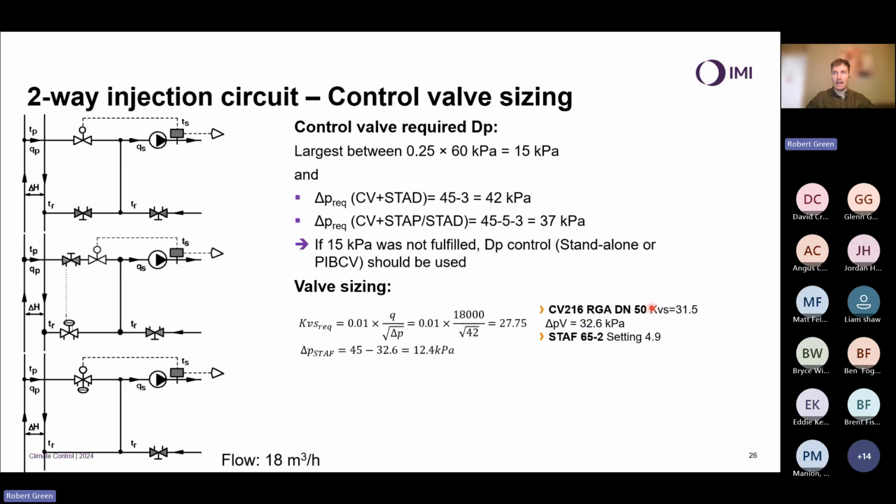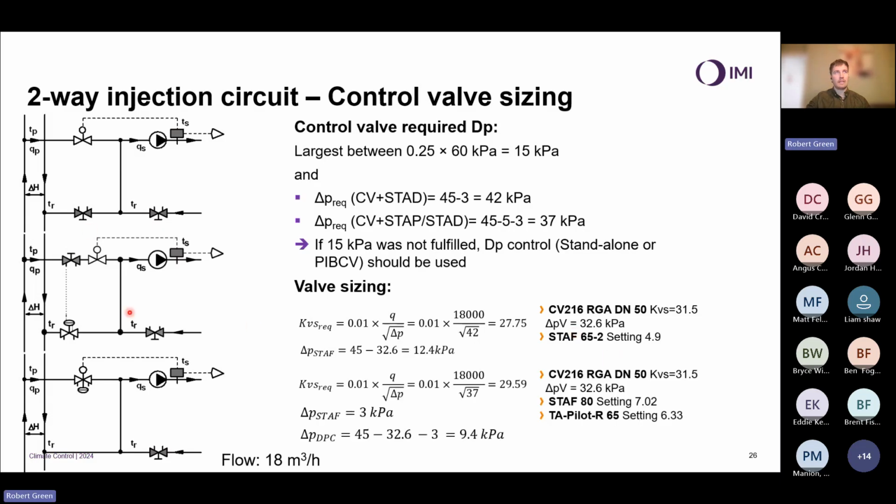So we're going to select the next largest valve with a KVS of 31.5, which comes out at a differential pressure of 32.6. And then my balancing valve has to take out the difference between my available of 45 and my control valve of 32.6. So 12.4 kilopascals, which is a STAD 65 at a setting of 4.9 turns.